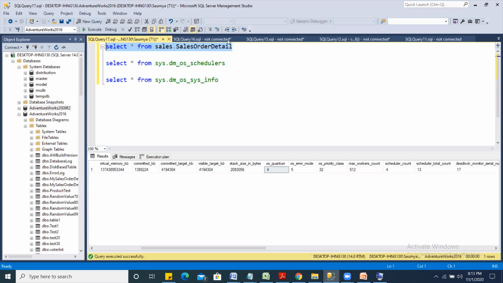Also, don't kill any query or any thread without user approval. Once you know from which user this query is coming, don't kill it; it can have a big impact. So always initiate a kill after user approval. That is a good practice.